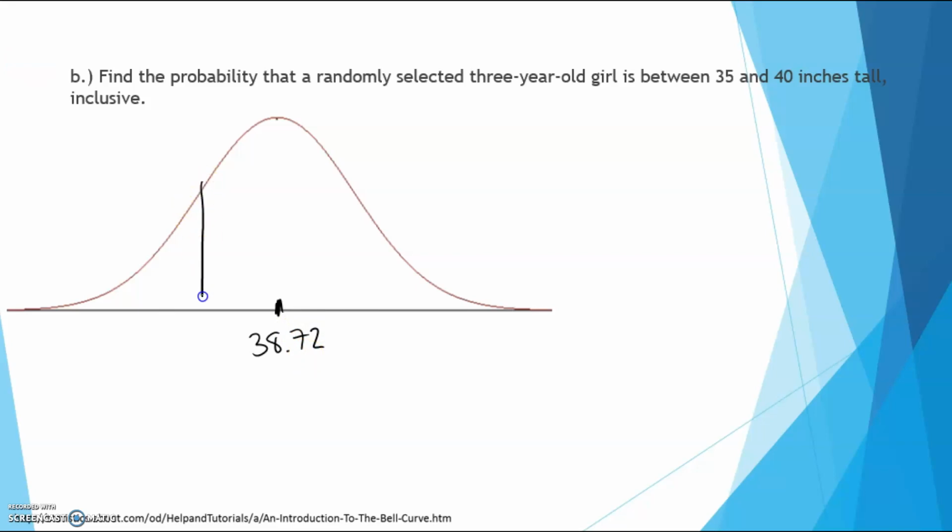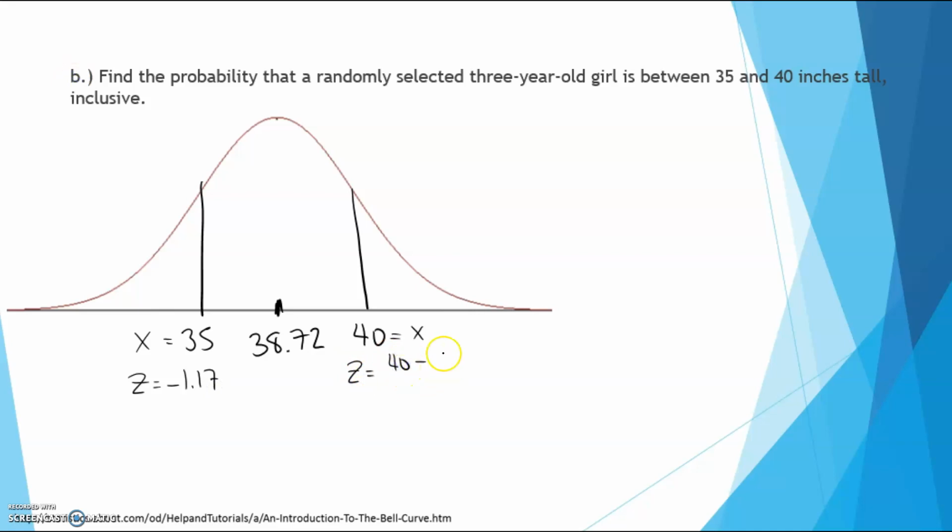I've got 35, which we'll put right there, and 40, which we'll put right here. Right now, both of these are x values. We need to change both of them to a z-score. And we already did this one. This was negative 1.17.